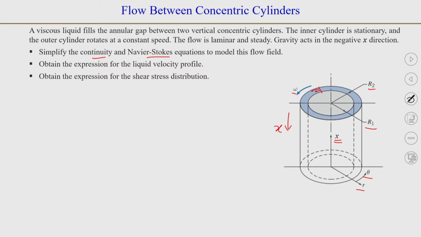Gravity acts in the negative x direction, but we can neglect the motion in the vertical direction, and, as we will see, there will be no radial component of velocity.